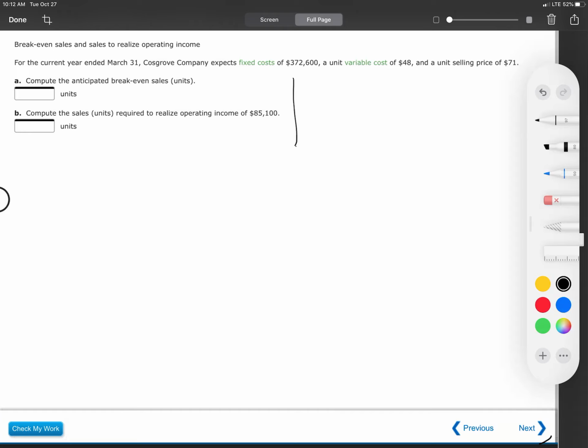In algebra, we used the coordinate plane to plot data. Now you could draw a line through that data, and that looks like our total cost line. That's how accountants would use this.